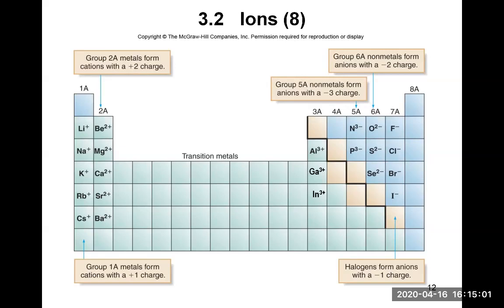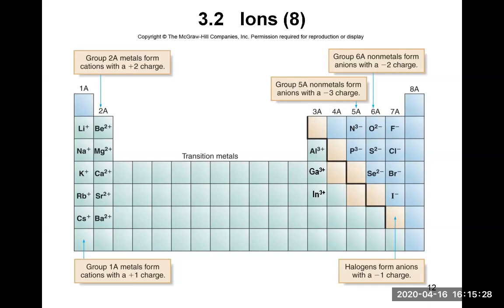So from nitrogen, 1 step to oxygen, 2 steps to fluorine, and 3 steps to neon. Neon is the noble gas in that row. So by gaining 3 electrons, nitrogen will have 10 electrons like neon. And so that's how visually you can also remember the charge they will have.